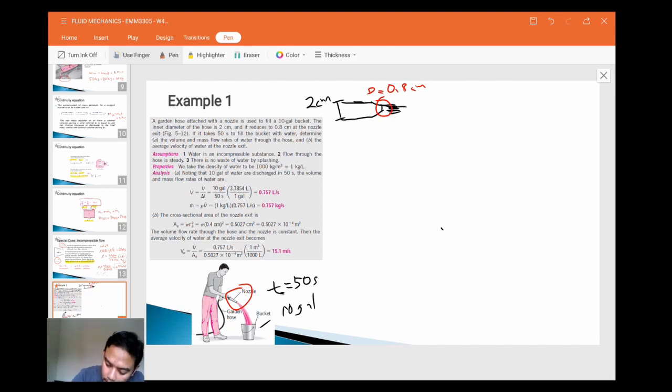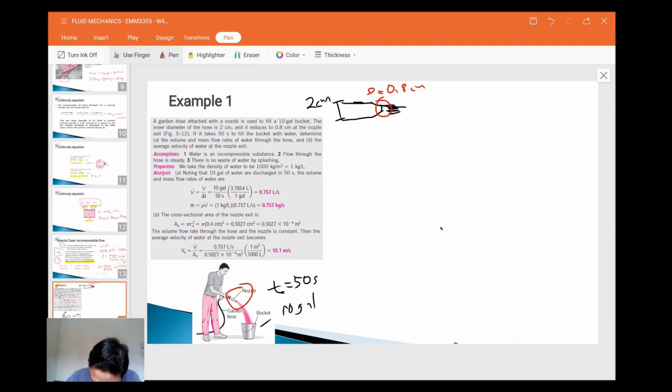Okay, the question number 1 is A: find the volume flow rate and mass flow rate.